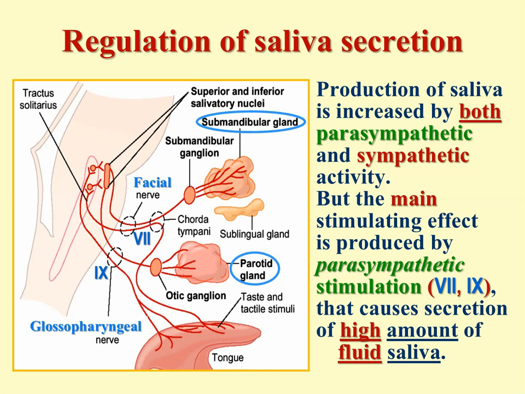High amount because the parasympathetic system is the main stimulating one, and fluid saliva is formed because of the high rate of its formation. It cannot be so much filled with mucin, and it becomes really very fluid. And it's necessary when we chew food, especially hard food like dry bread. It dilutes food and helps to swallow the food pieces easily.